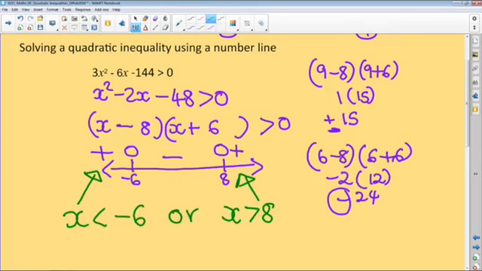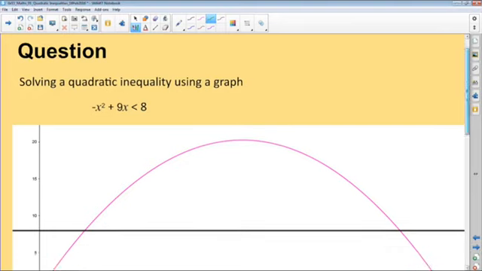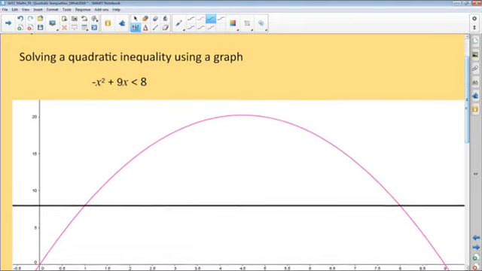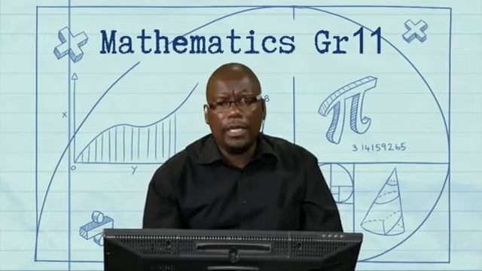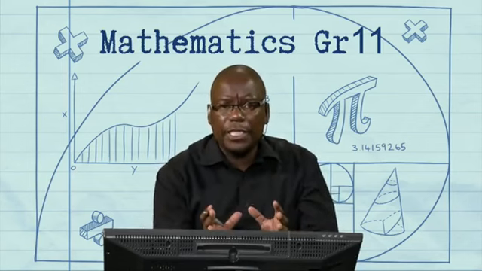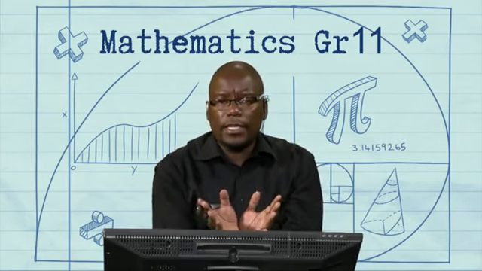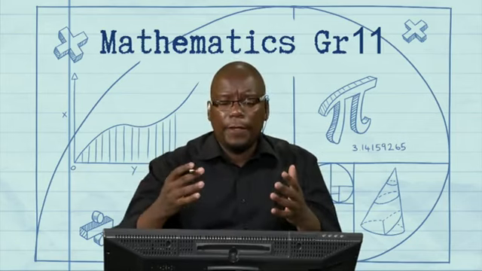Right. Now, let's try more examples. Solving a quadratic inequality using a graph. This is a very interesting one, whereby you are using the quadratic functions, but you are checking where your function is below the x-axis or above the x-axis.